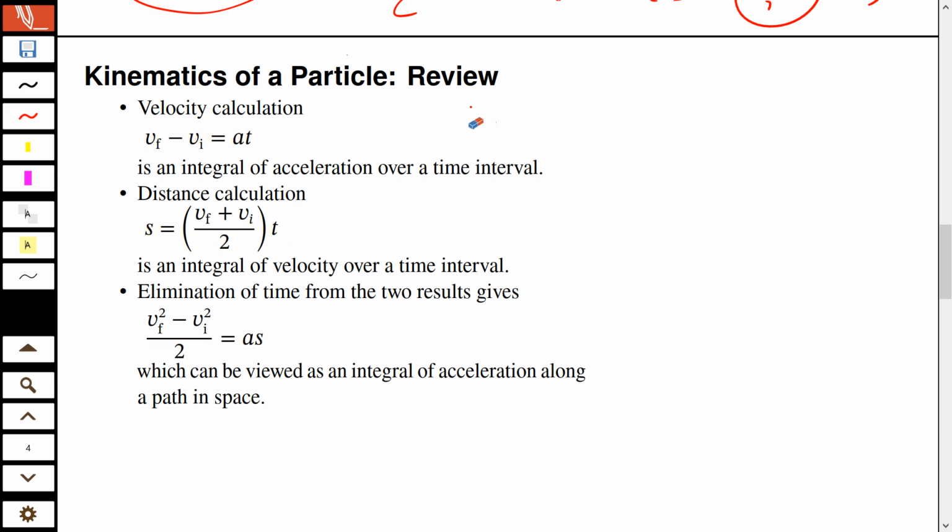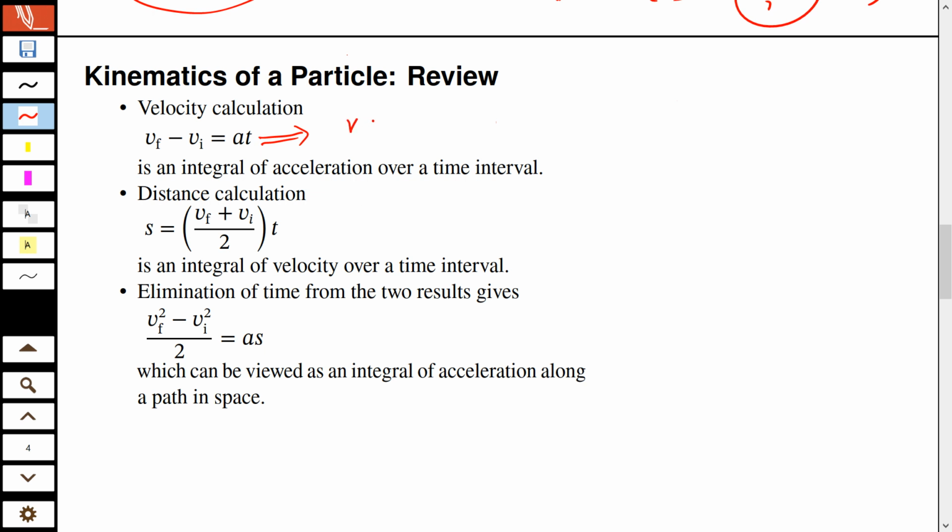So now we need to think about how you would derive these equations such that they can be generalized. For example, if you look at this equation, you can derive it from the definition of velocity.